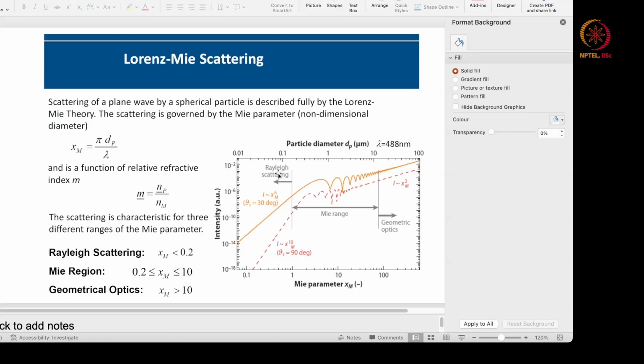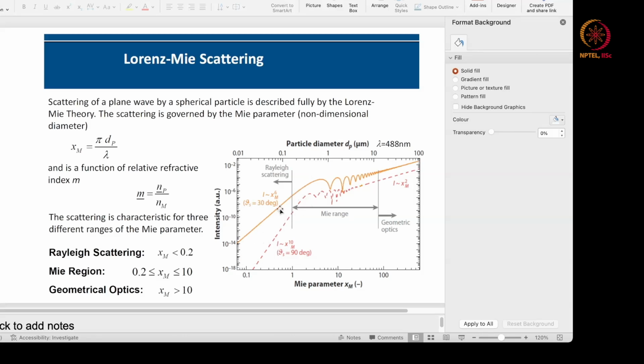When the particle diameter is about 0.1 to 0.2 micrometer, which means essentially 100 to 200 nanometers for this particular wavelength, you have what we call Rayleigh scattering. This is measured at 30 degree, and this is measured at 90 degree scattering angles.